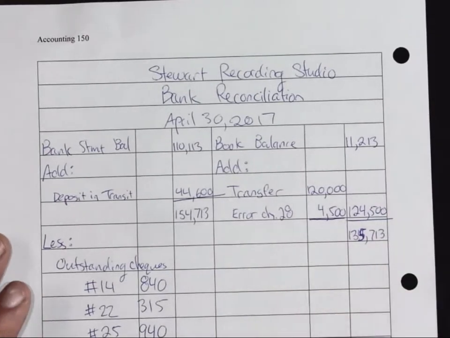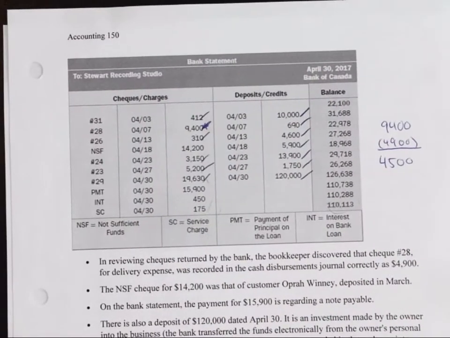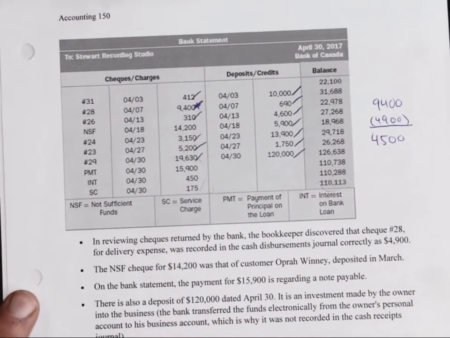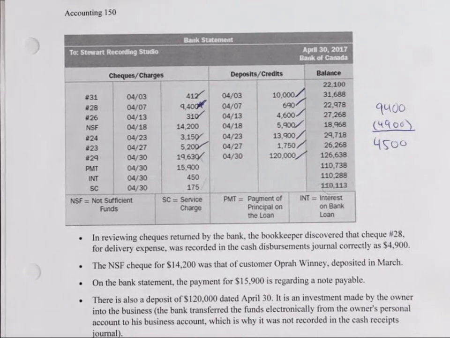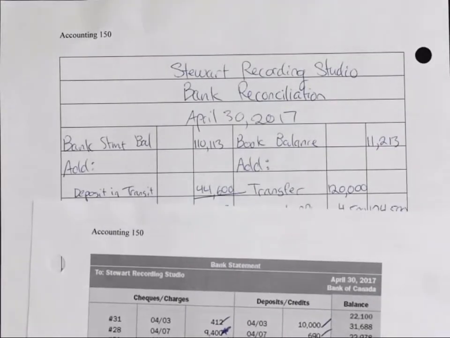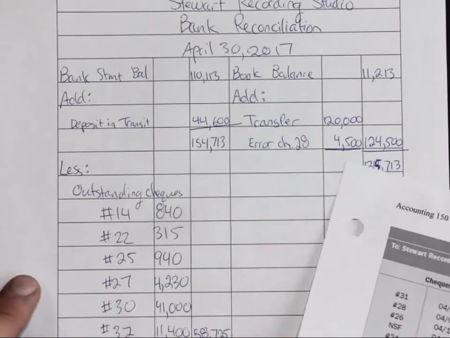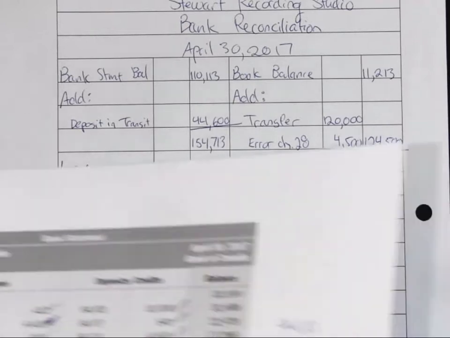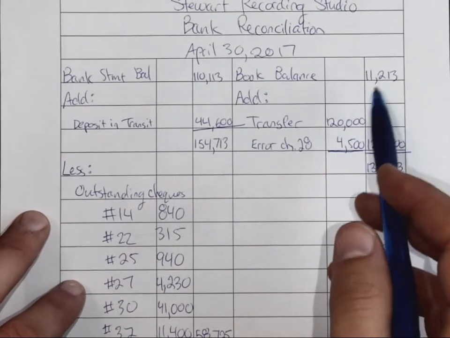Okay. Do we have any charges in our bank statement not reflected in our books? Yes. Like we have added here 4,500, but it is showing the book balance, and we already have 4,900 there. So the question is, it's already reflecting in the book balance.